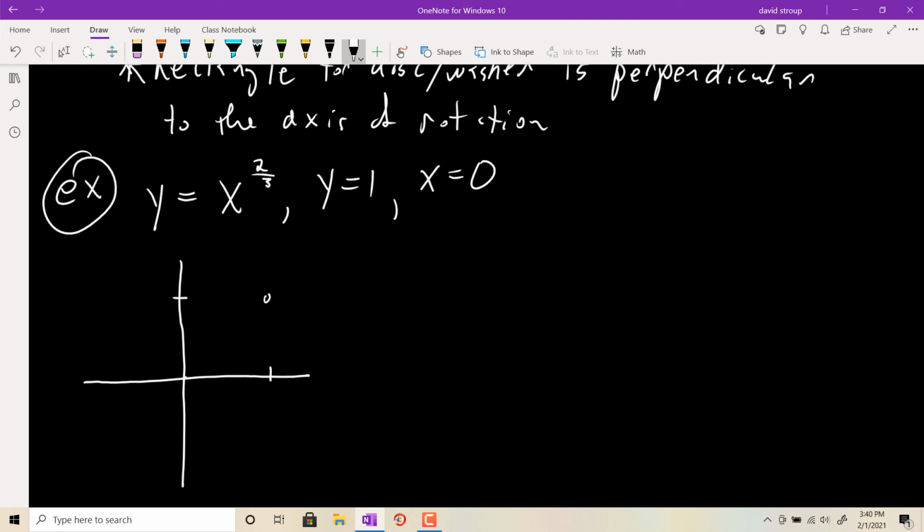So first off, x to the 2/3 looks like this, from 0 to 1. Y equals 1 is this horizontal line parallel to the x-axis, and x equals 0 is just the y-axis. So the region we're rotating is this upper region here, and we're going about the y-axis.